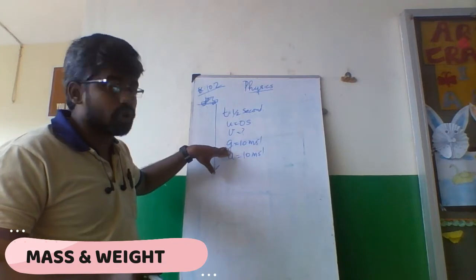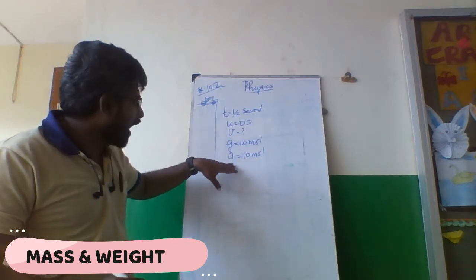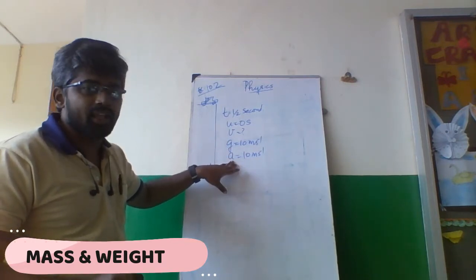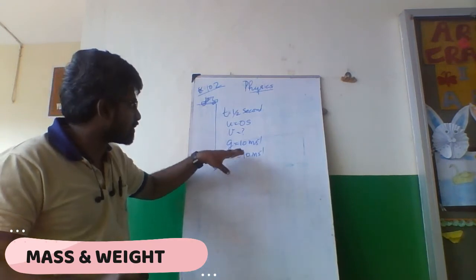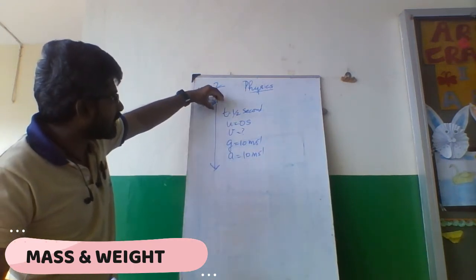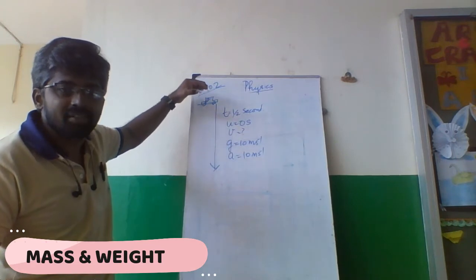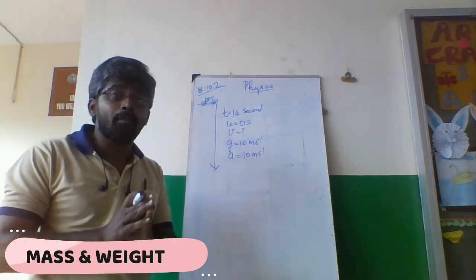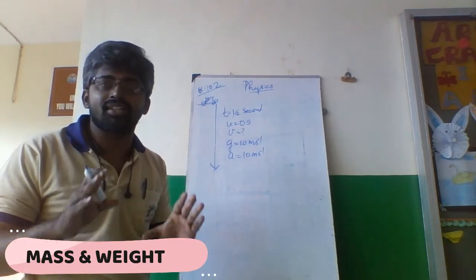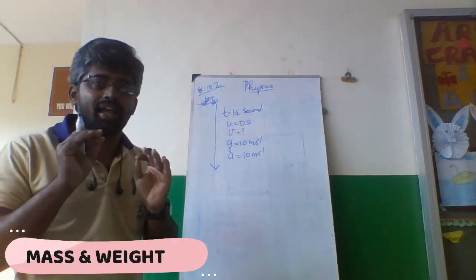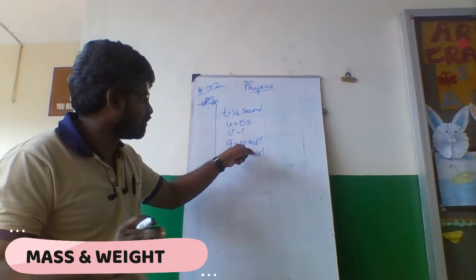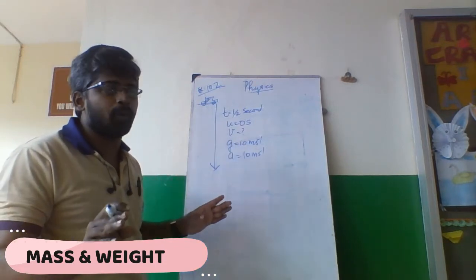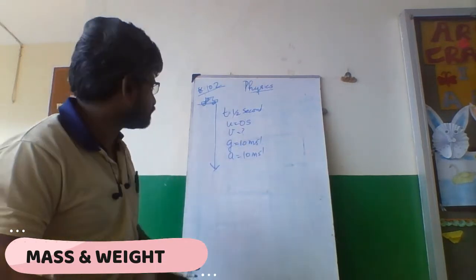This is the acceleration due to gravity. The acceleration of the car, a, is taken as 10 meter per second square because the car is falling from a certain height. g does not depend on the mass of the object. g on the earth is 9.8, so we are taking it as 10.